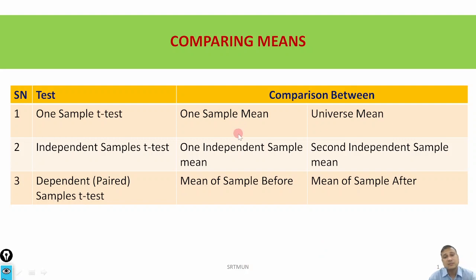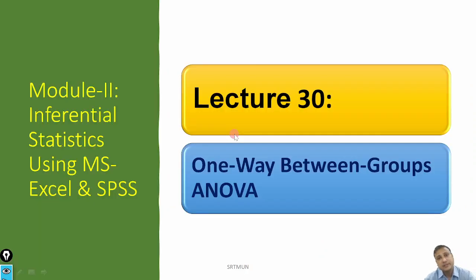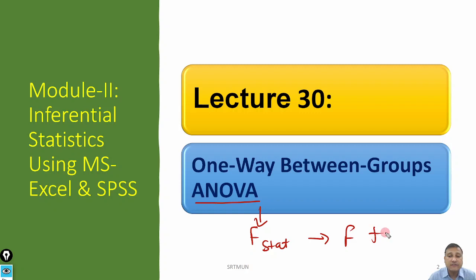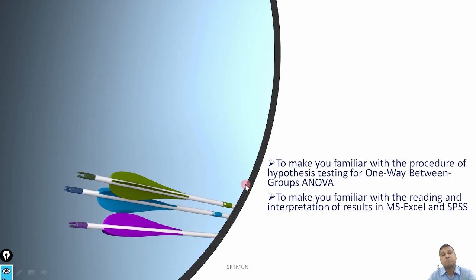To understand this, let me welcome you all to lecture number 30 with the title One Way Between Groups Analysis of Variance, that is ANOVA. This is a kind of hypothesis testing that we use in the F statistic. So this is a part of the F statistic where we are going to use the F table to compute the critical values.